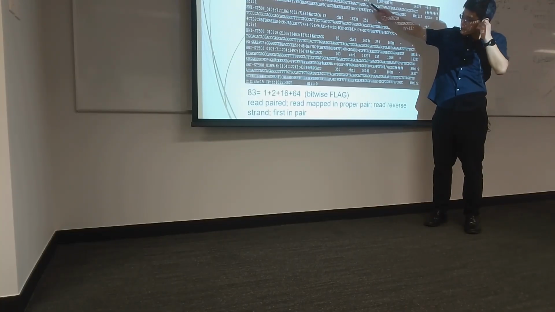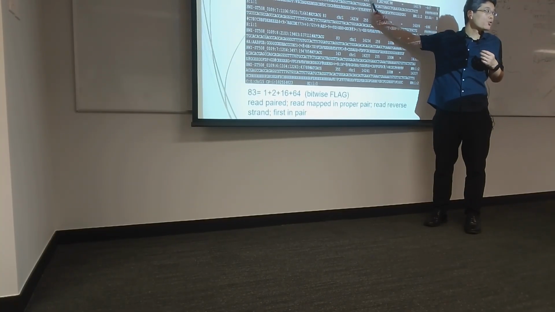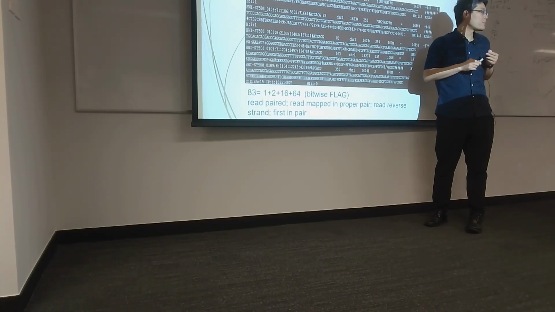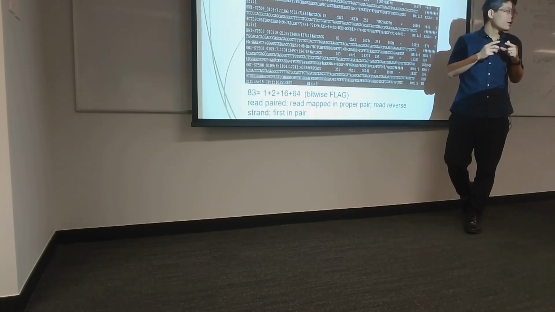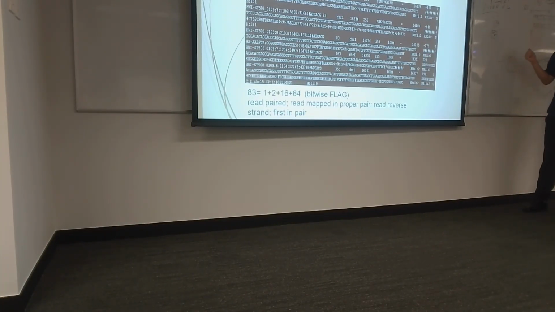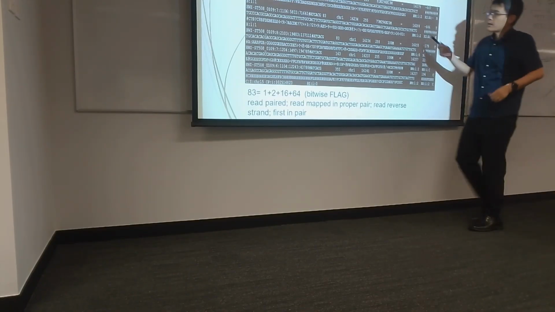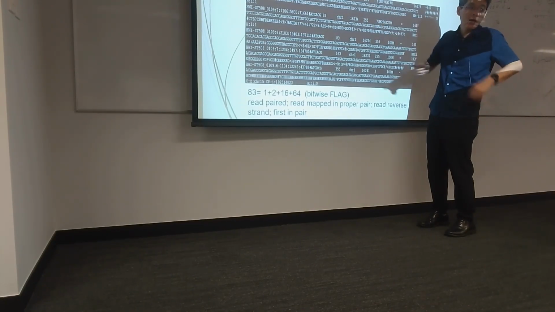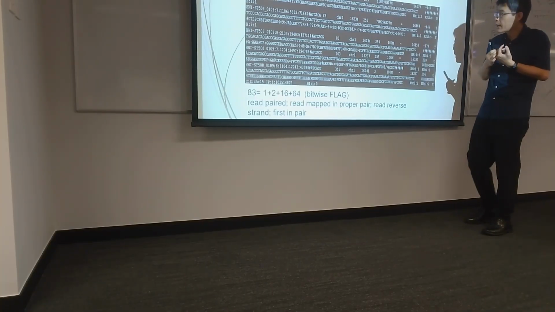This is also a number to represent how good the mapping has been performed, how well the read mapped to the reference genome. Sometimes the mapping could have errors, either sequencing error or sample mutation or SNP, single nucleotide polymorphism. Either way, we do use this MQ to represent how good the mapping has been performed.